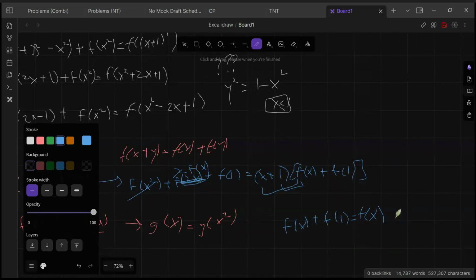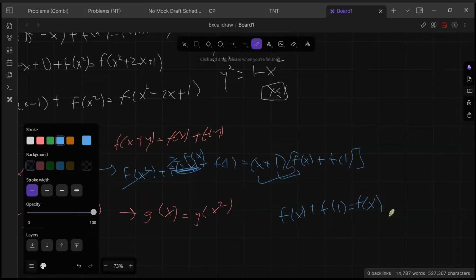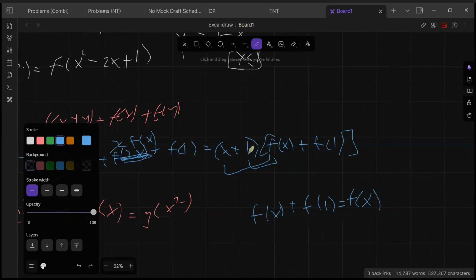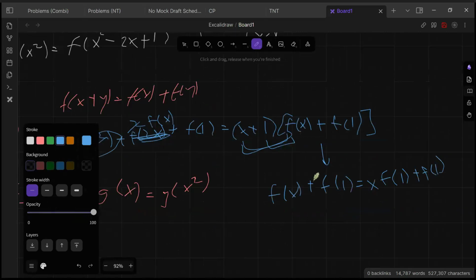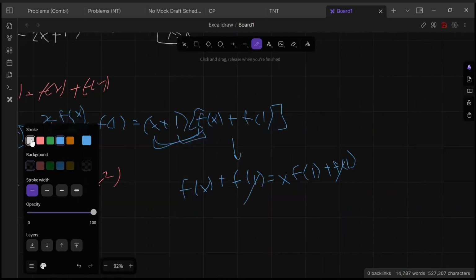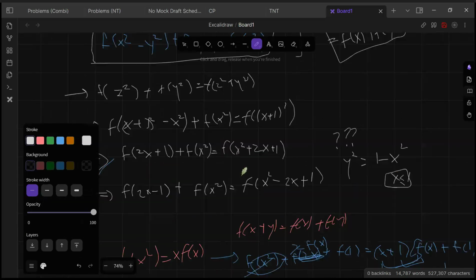I see. Oh, yeah. Sorry. It's f of 1. Okay, sorry. It becomes x f of 1 plus f of 1. I'm just expanding this, by the way, and I'm using x f of x is equal to f of x squared. So yeah, it cancels out the f of 1. We get f of x is equal to x f of 1. And this does work. Again, remember to check. It does work.